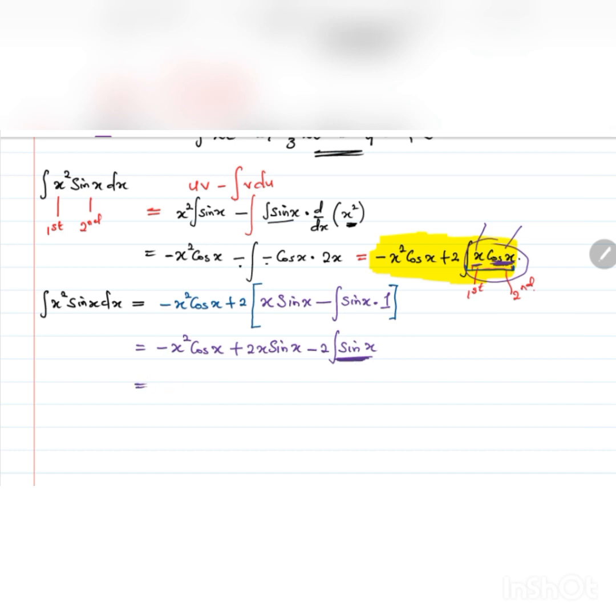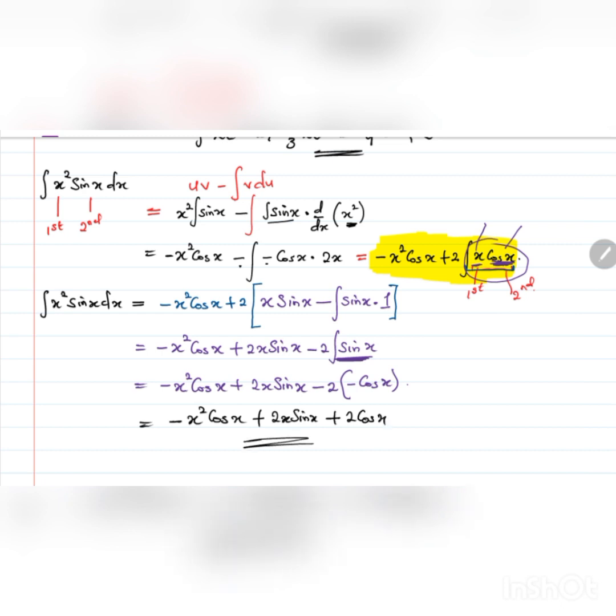So I have minus x squared cos x plus 2x sine x minus 2 times the integral of sine x, which is minus cos x. And my final answer is now equal to minus x squared cos x plus 2x sine x plus 2 cos x. Final answer.